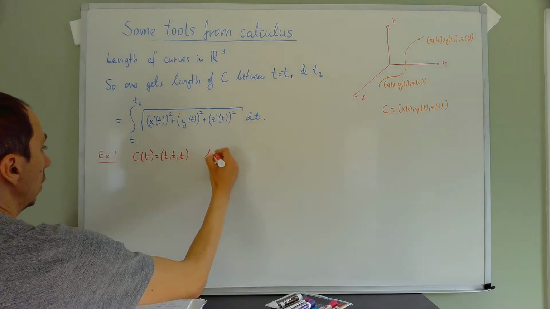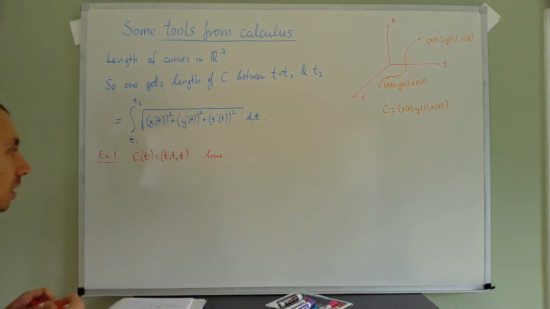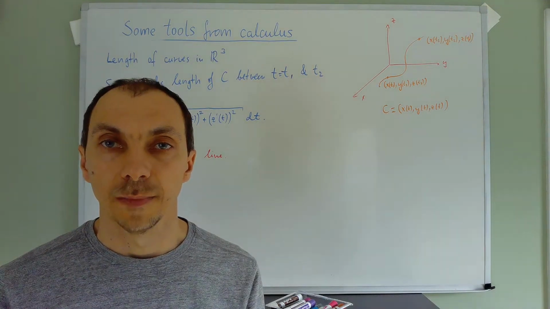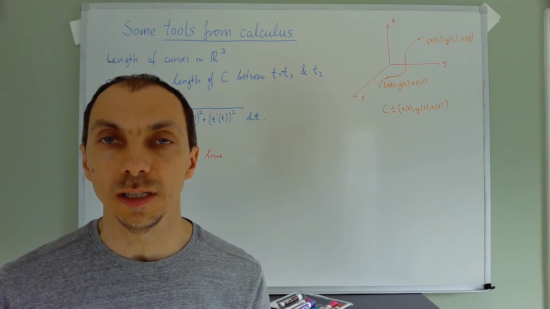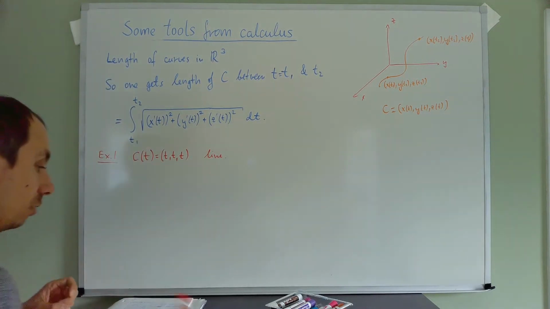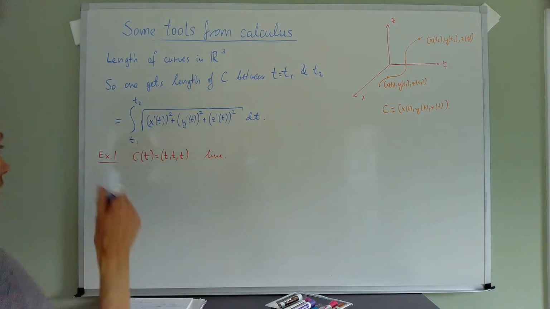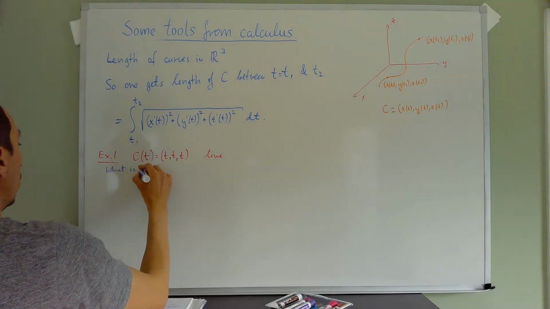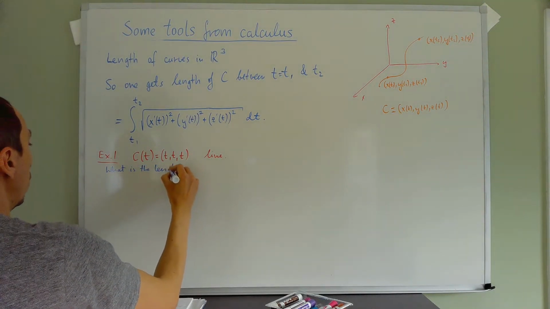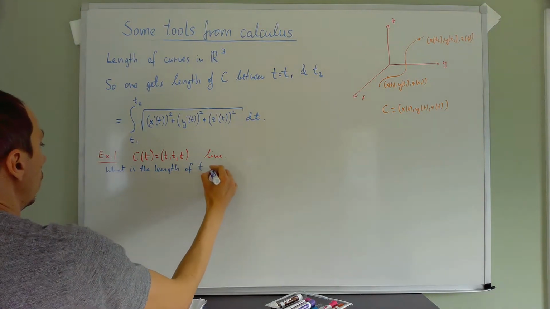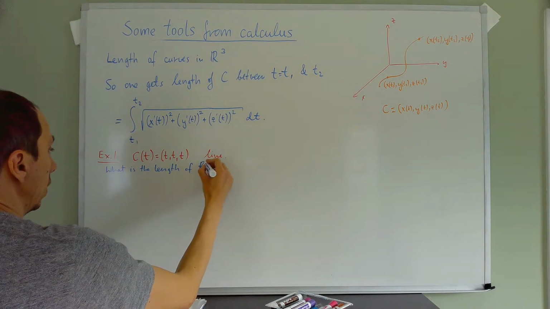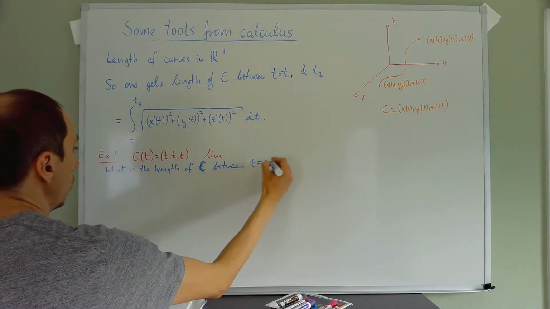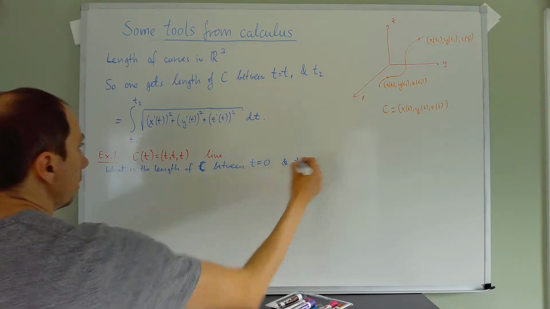So this is a line, and as we said, this is the line that goes equally in the x, y, and z direction. Suppose I want to know the length of C between t equals 0 and t equals 1.